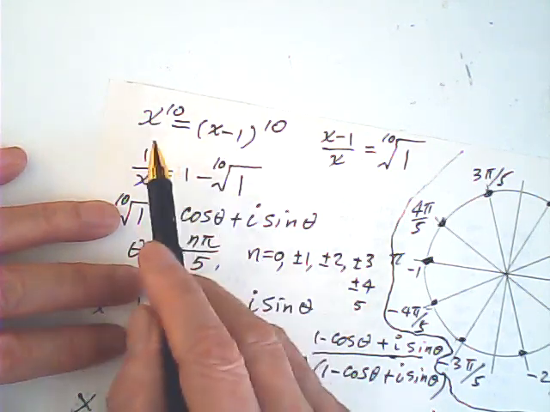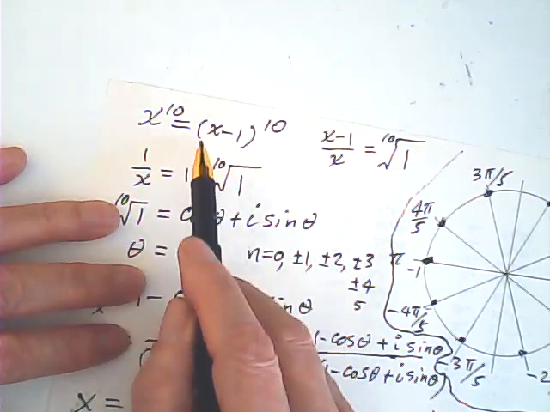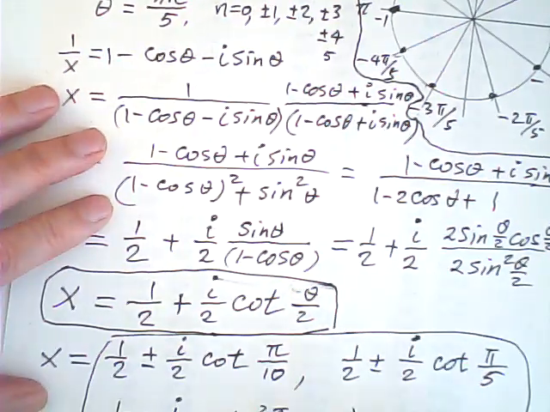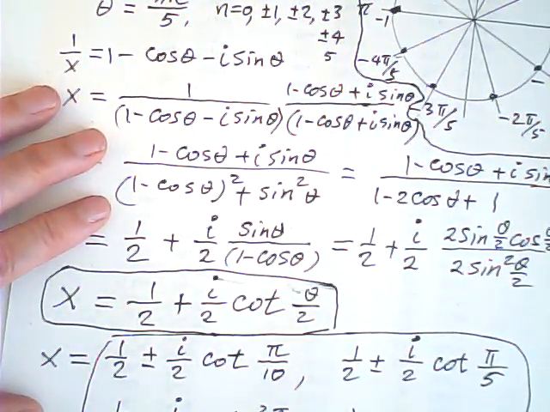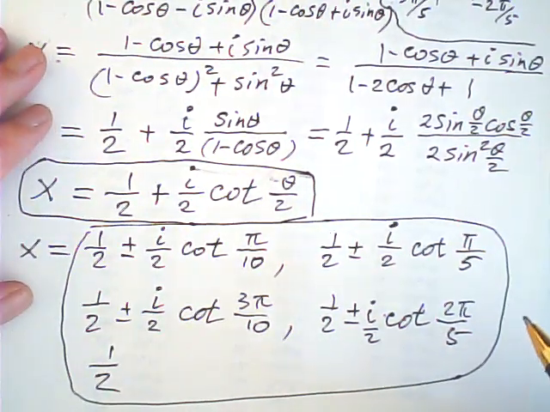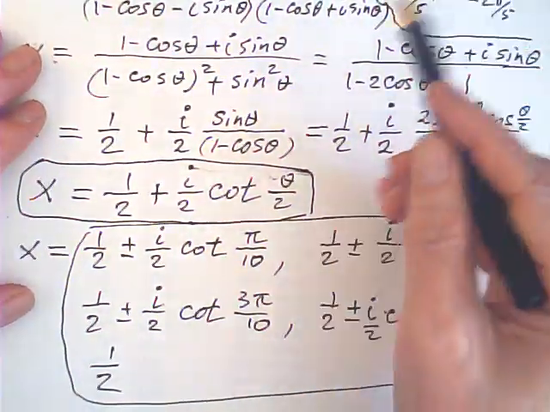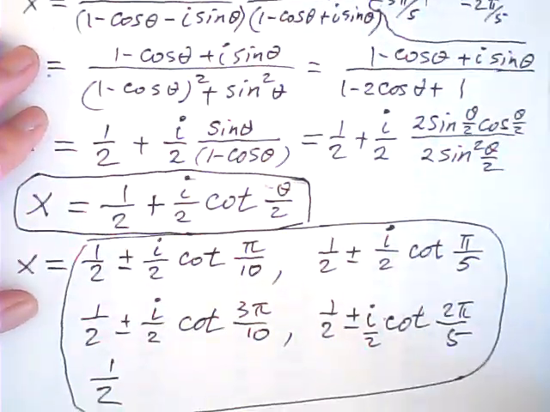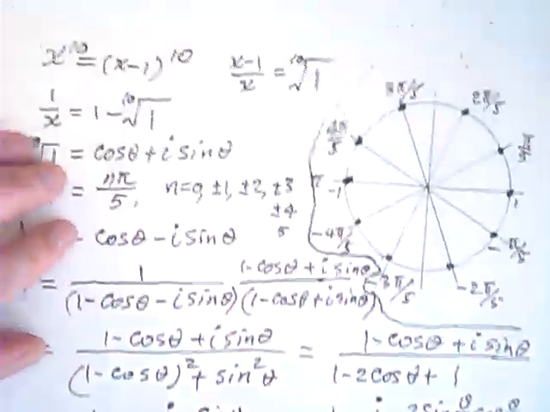So what is left over is a polynomial of degree 9. So we have 9 roots. Okay, this is a method using the unit circle.